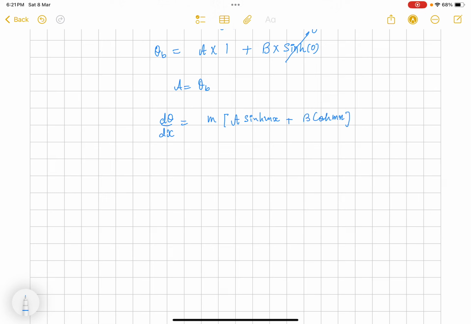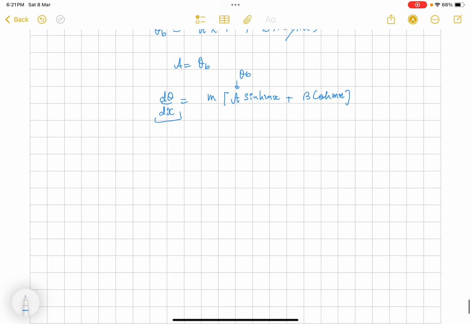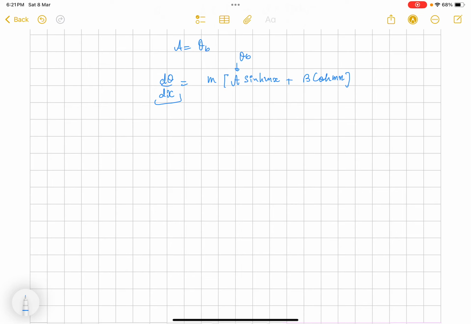You can refer to the mathematics books for the derivative of sinh and cosh, right? A is theta_b, and the left hand side at x equal to L should be 0.